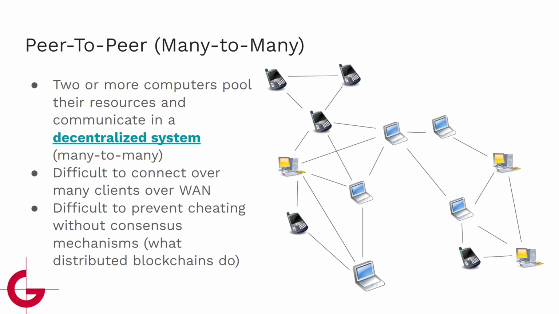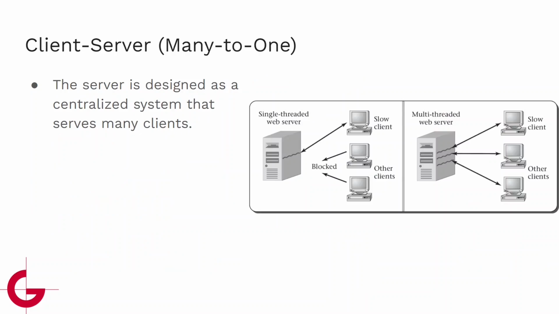A peer-to-peer architecture is when many computers share their resources and communicate in a decentralized system. This is somewhat uncommon in online games, because it is quite difficult to connect many clients, and it is also rather difficult to prevent cheating in these online games.